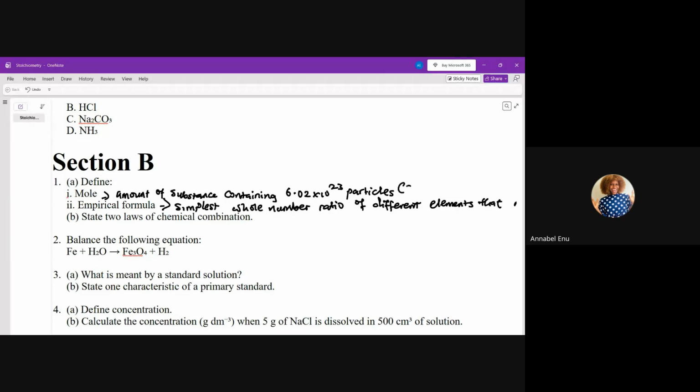The particles can be atoms, molecules, or ions.